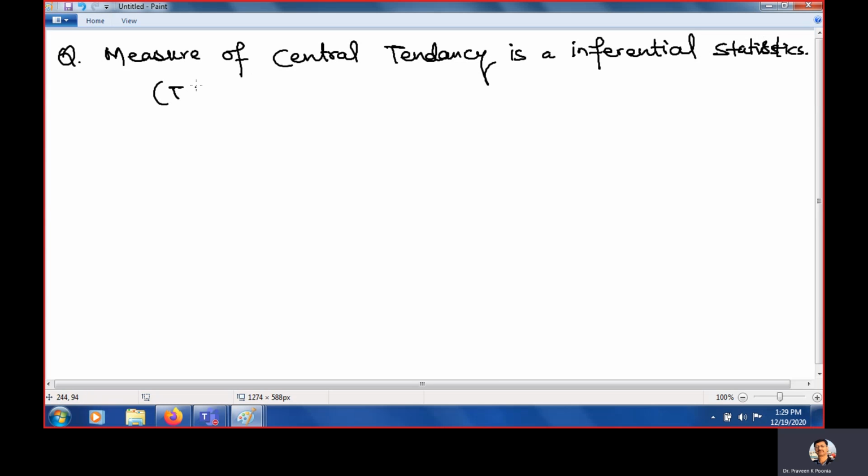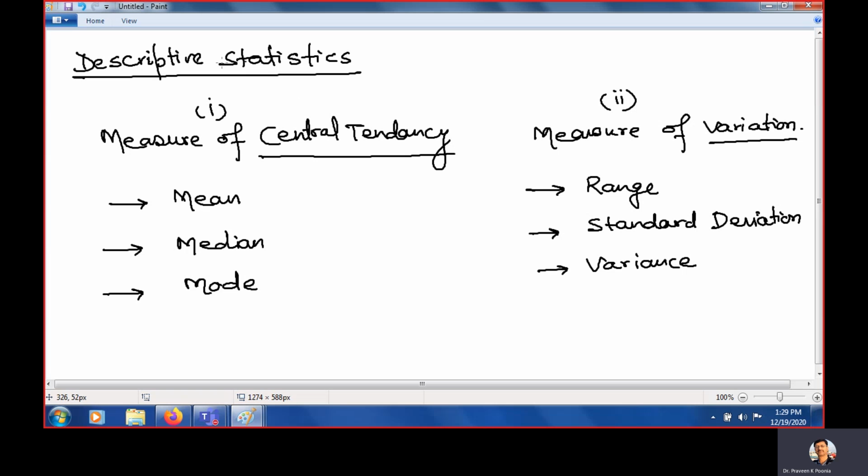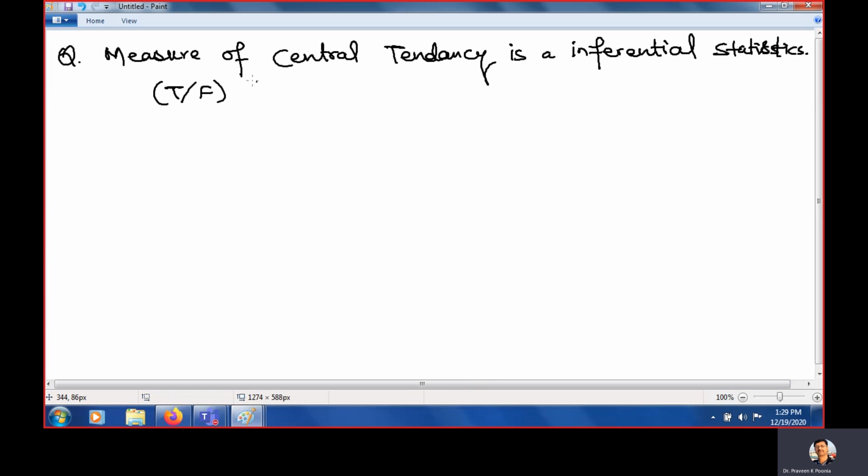True or false? The question is clear. If you see the previous slide, measure of central tendency is a descriptive statistics. It is not inferential statistics. So what is the answer? Answer is false. This is a false statement. So true and false type of question we ask. This is question number one.